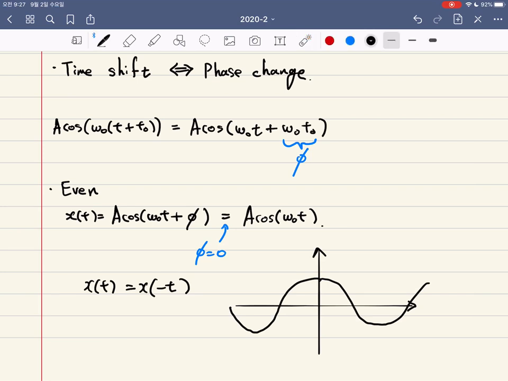If you call this x-axis the timeline, and the y-axis shows the value of the signal, then an even function is symmetric with respect to the y-axis, which means if you fold this signal with respect to the y-axis, you get the same value.